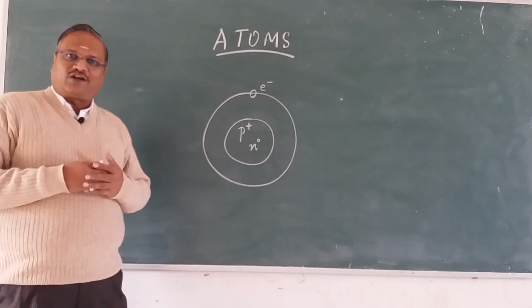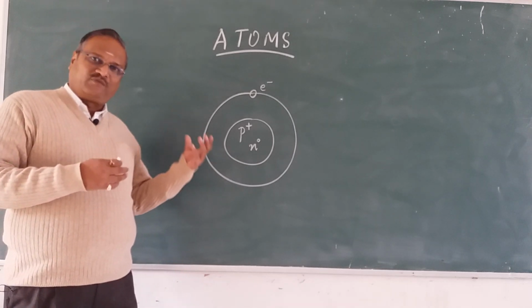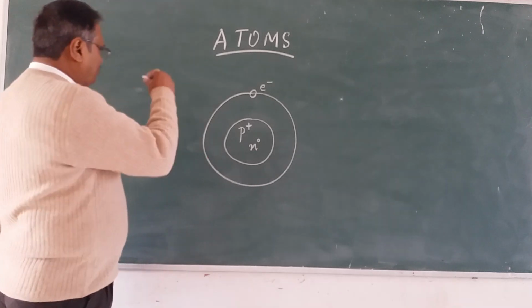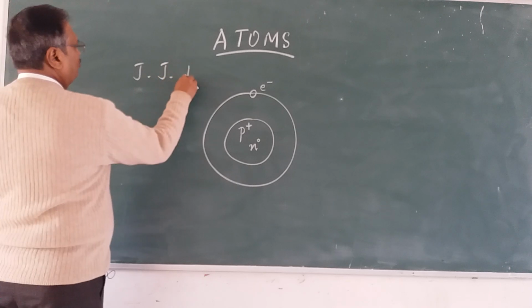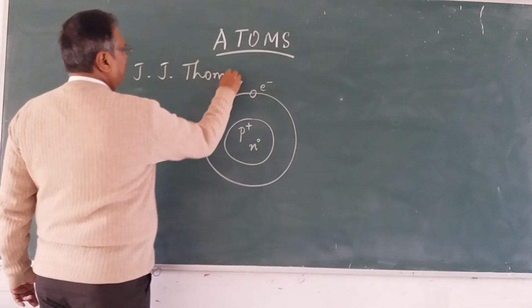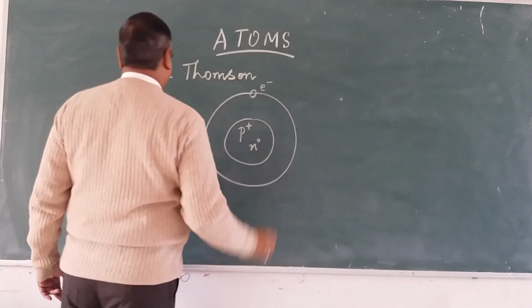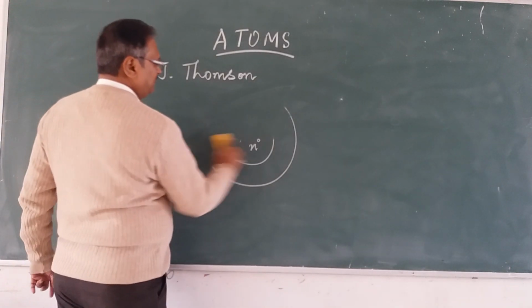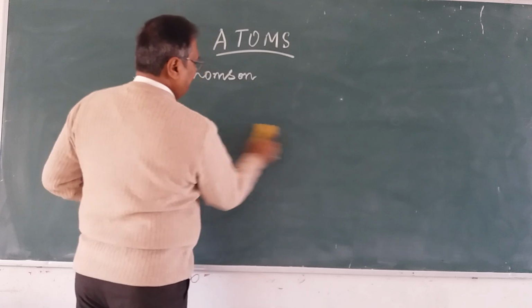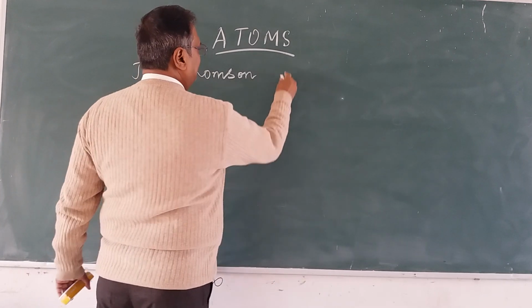But let us go to the origin of the atomic model. The first model was that of J.J. Thomson, the scientist who discovered electrons in 1897.